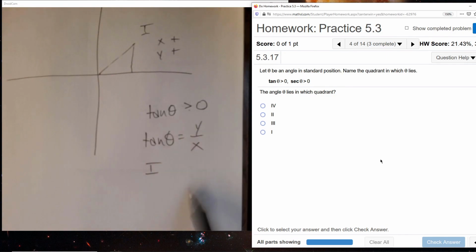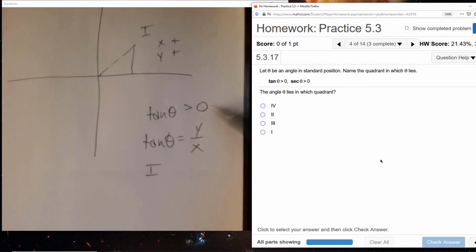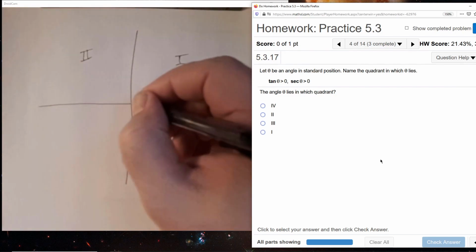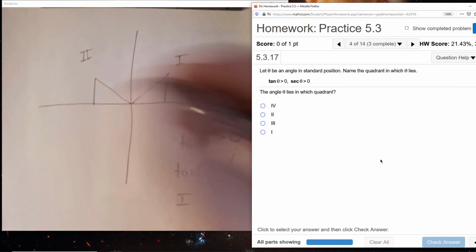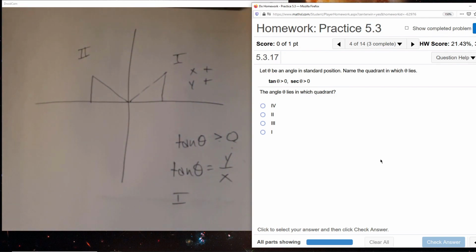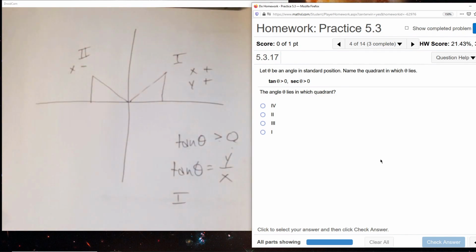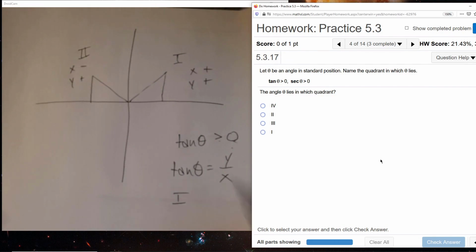Tangent is greater than 0 in quadrant 1 because x and y are positive numbers, and a positive number is greater than 0. Now if we look at quadrant 2, again, think of our right triangle that's here. Now in quadrant 2, x is negative and y is positive. So a positive divided by a negative gets us a negative number. So region 2 is false. It's less than 0.